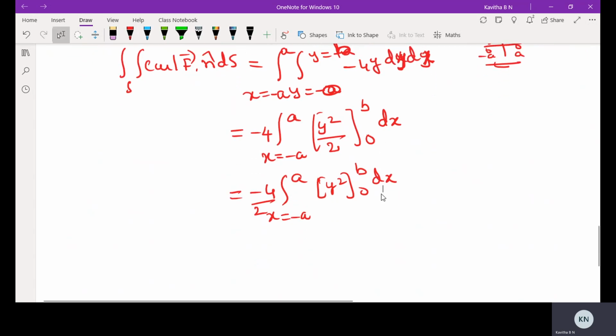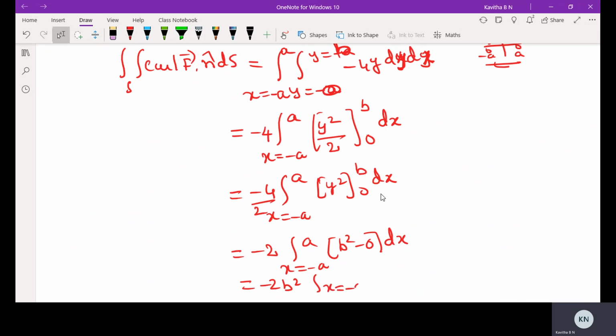Then apply the limits: minus 2, integral of x from minus a to a, b square minus 0 into dx. Then minus 2b square, integral of x from minus a to a dx. The integration of dx is x.